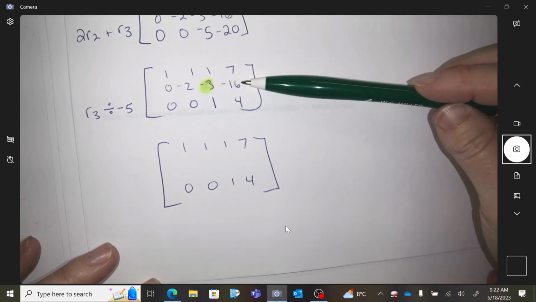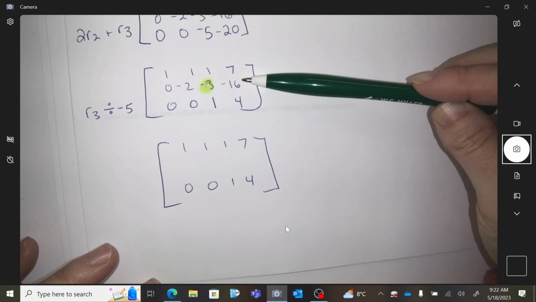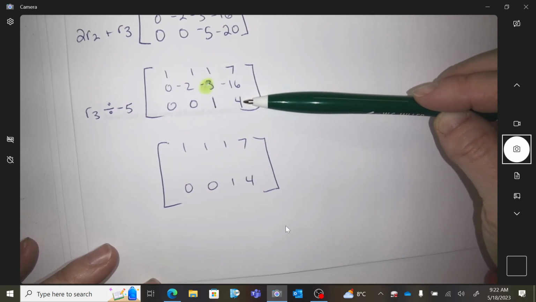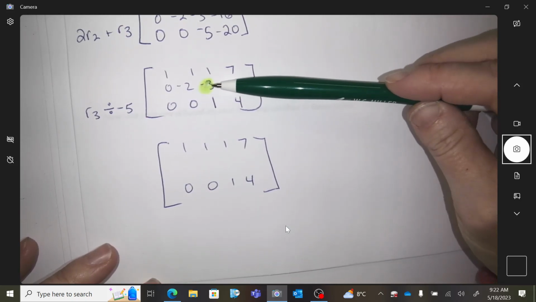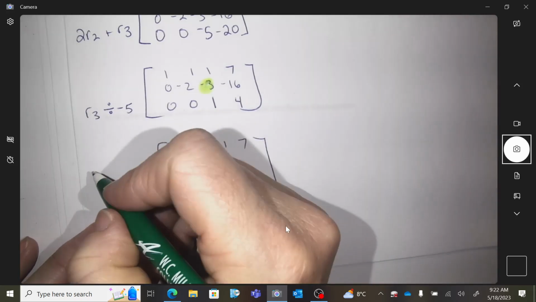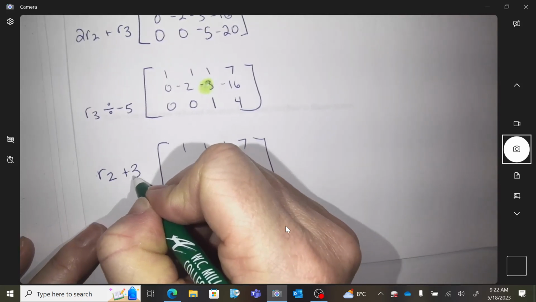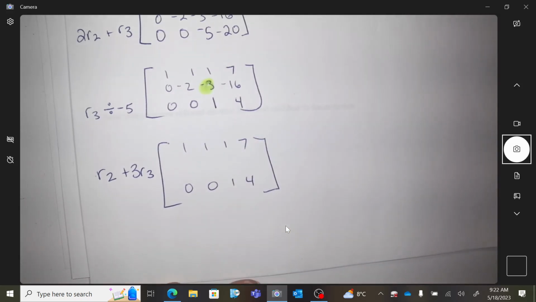Okay, what do you want to do with the last row then? I think I'm going to do row 2 plus 3 of those. Row 2 plus 3 of those still keeps my 0. If any time you've had a 0 and now it's not a 0, you're doing the wrong lines together.